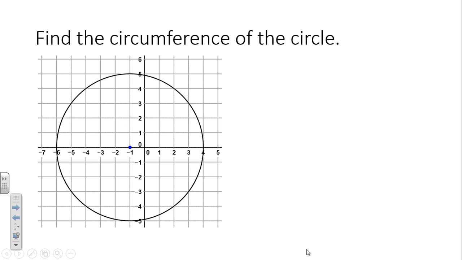We see the center. What's the center of this circle? -1, 0. Okay. From that center, how far is the radius? 5.